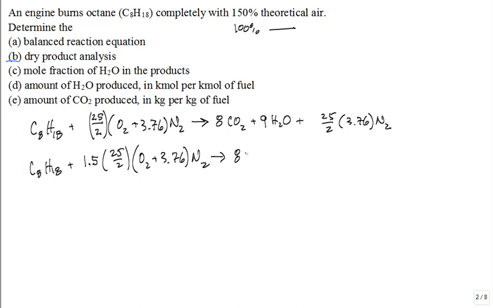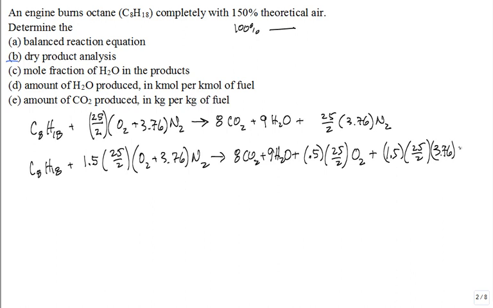We still have 8 CO2s, 9 H2Os, and I'm going to have some unburned oxygen. Well, it's going to be 0.5 because 1 of that was used. 0.5 is the excess, 25 over 2 O2s, plus how much nitrogen? 1.5 times 25 over 2 times 3.76 N2.